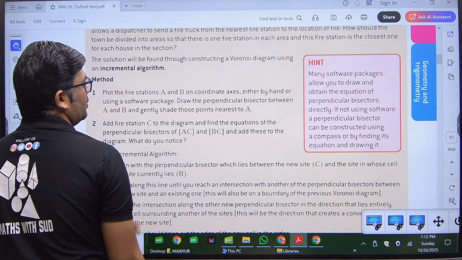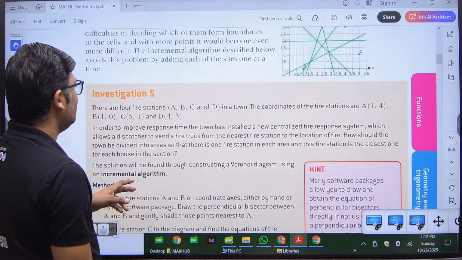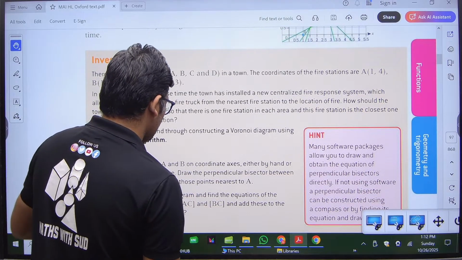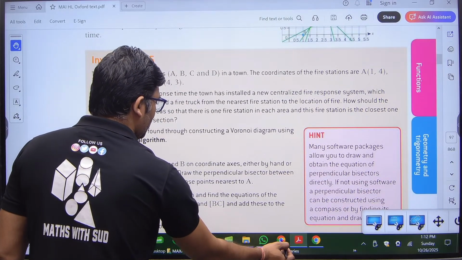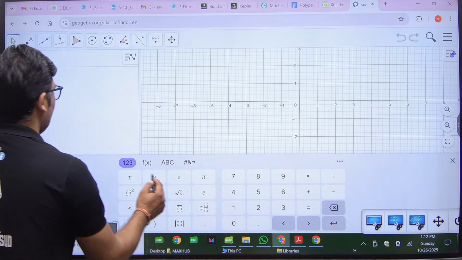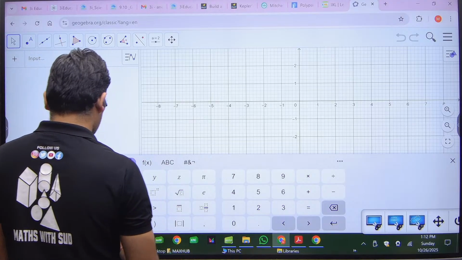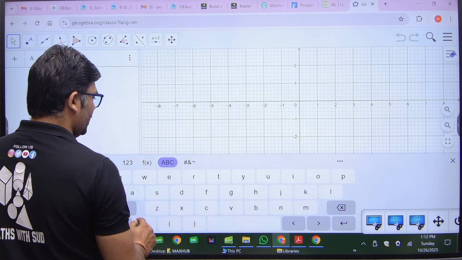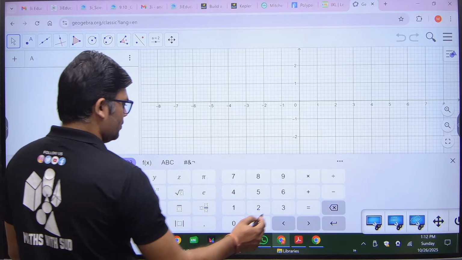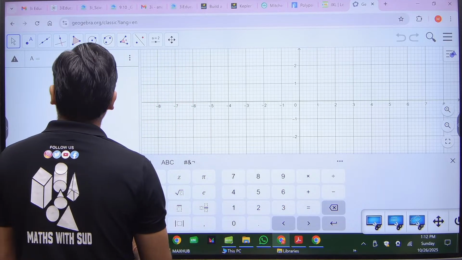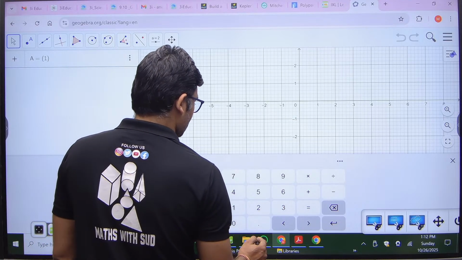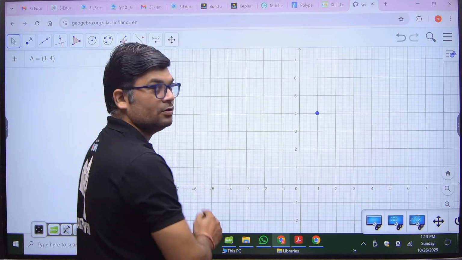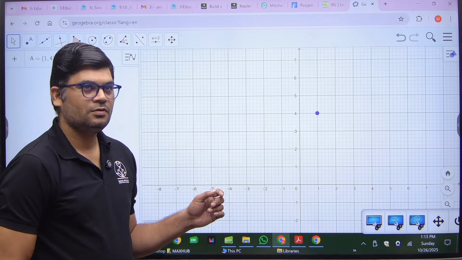Okay. So what are the points given to us? A was given as 1 comma 4. So first we will plot 1 comma 4, right? Yes. So we will write A is equal to, I'm sharing my screen. Wonderful.